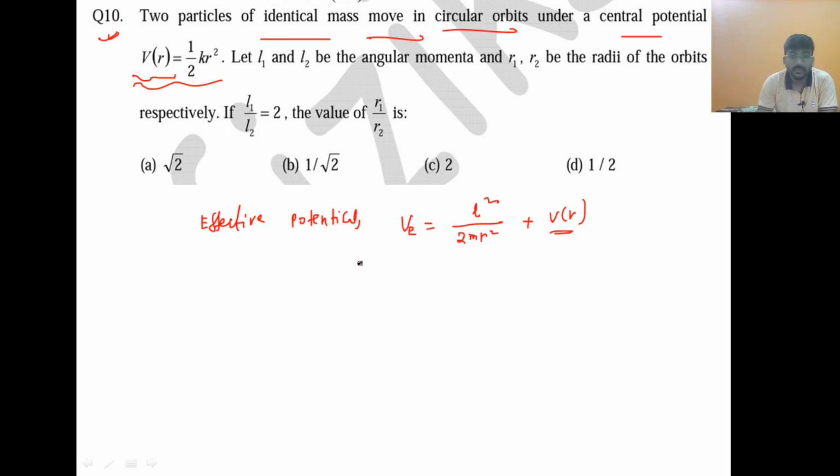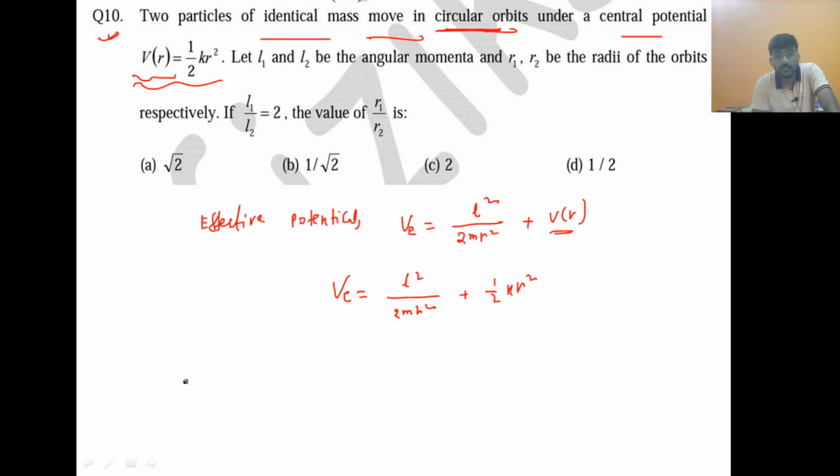So V E will be L square divided by twice m r square plus half k r square. Now we need to find out the relation between L and R, because L1 divided by L2 is given, and R1 divided by R2 has to be determined. So we need to find the relation between L and R, and that's why we use the condition of circular orbit.